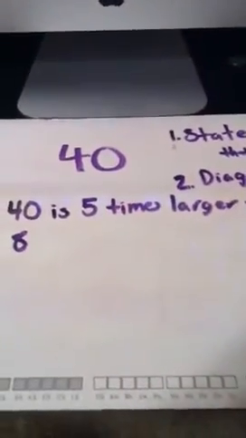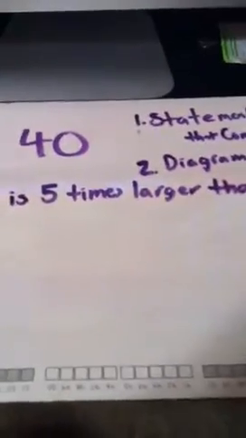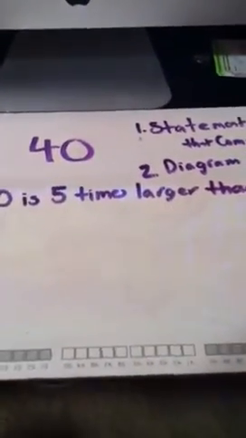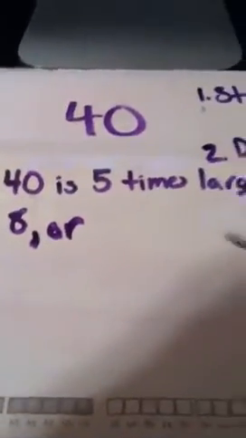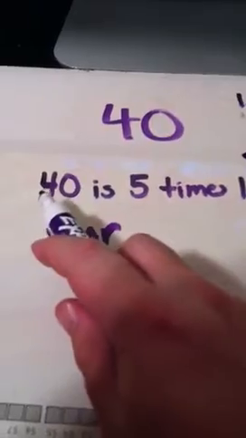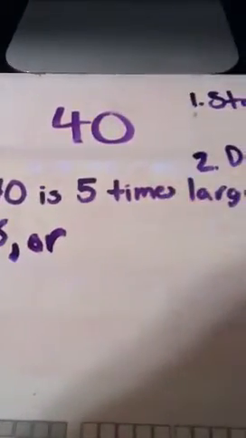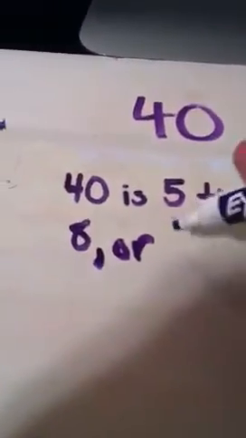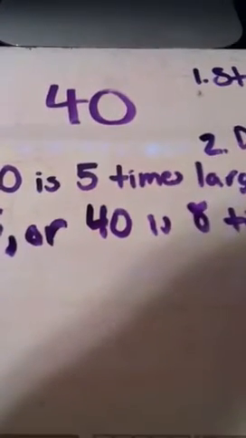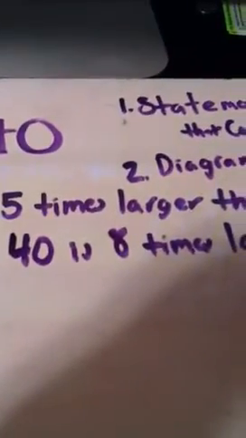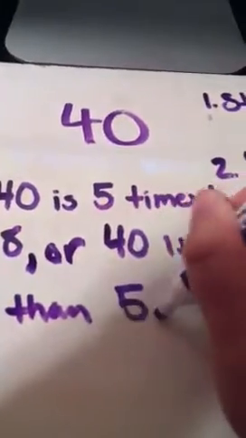And then we're going to use our connector word. Our connector words we talk about in reading and writing, and it's and, or, but. So we're going to use our comma and use or. And we're just going to switch this around. So in the first part of the statement, we said 40 is 5 times larger than 8. In the second part of our statement, we're going to say, or 40 is 8 times larger than 5.